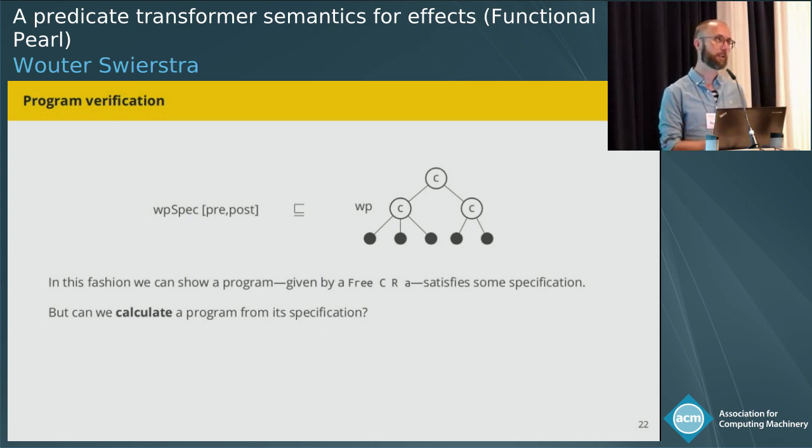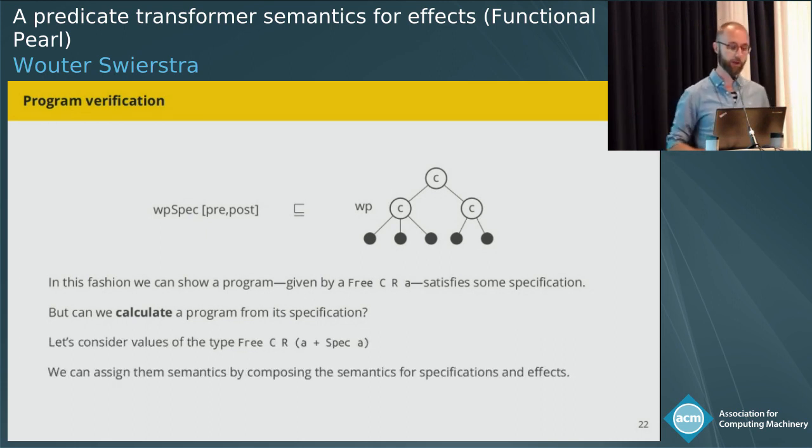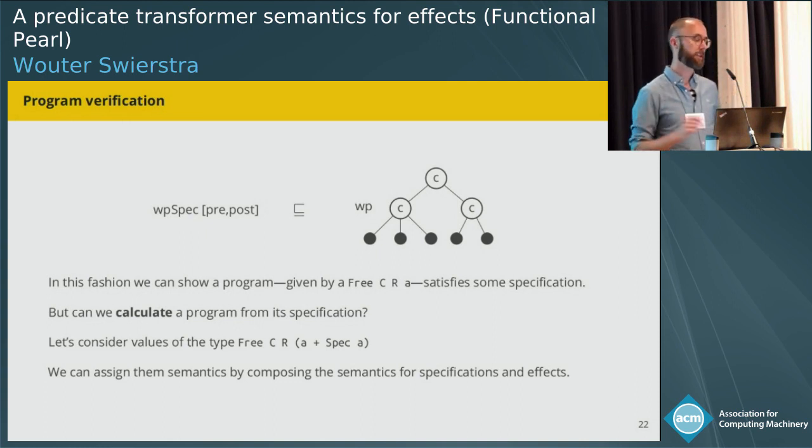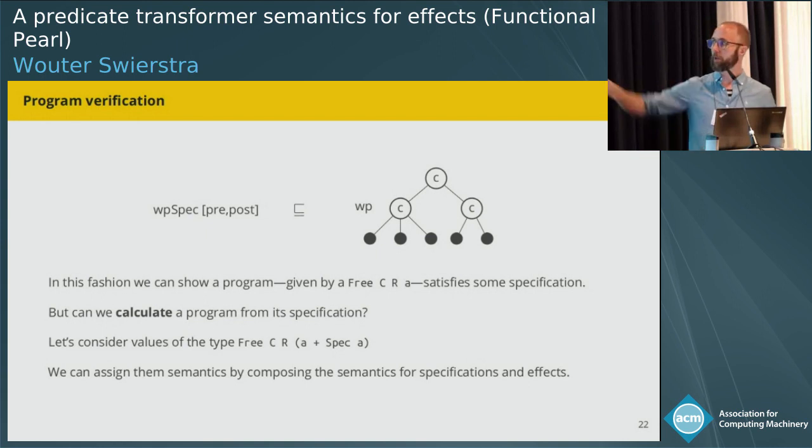That's the original idea behind the refinement calculus. I think this fits quite cleanly in this framework by considering not just free monads that return an A, but free monads that return either an A or an unfinished derivation problem: please find an A that satisfies this specification. And we can assign semantics to these free monads just by composing all the predicate transformers that I put on the slide so far.